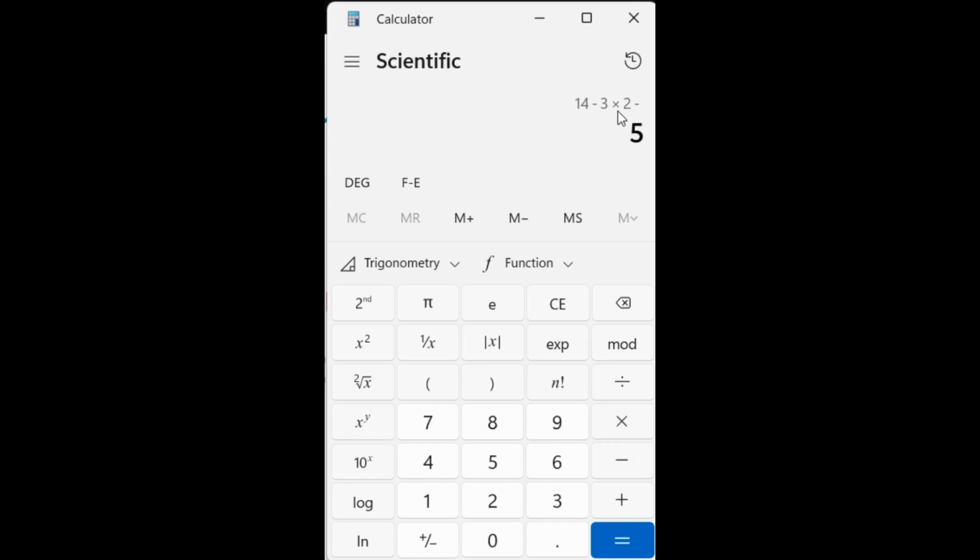Notice all I have to do is hit the equal sign, and it's typing in the entire expression and keeping it intact. This is what's called expression mode. It allows you to enter mixed operations problems like this that mix multiplication, division, addition, and subtraction all together. I hit the equal sign, I get 3. And look, the entire expression is here: 14 minus 3 times 2 minus 5 equals 3.